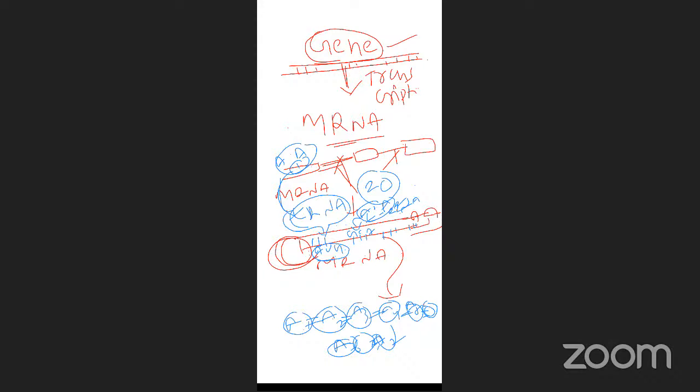More than one is called poly, so this is called a polypeptide. This polypeptide chain is called a protein. Now the protein is synthesized.